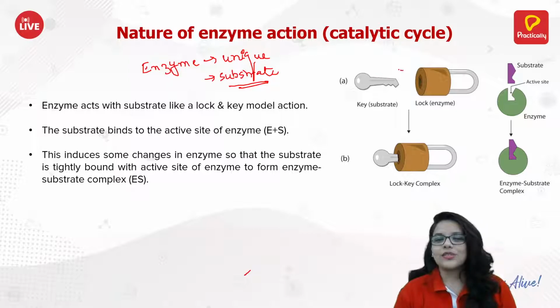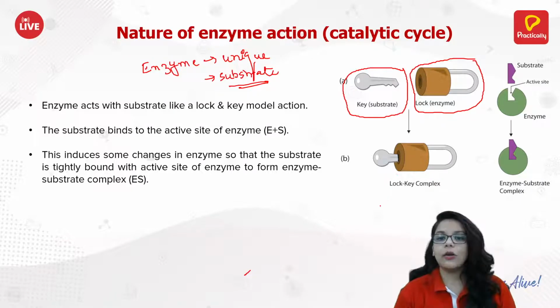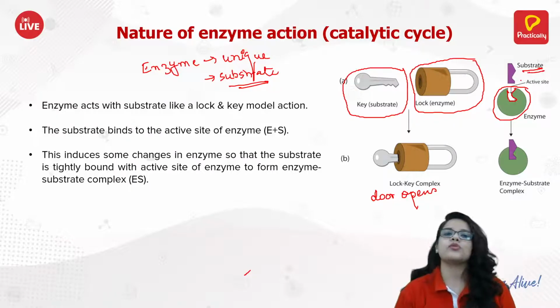See, this is the substrate. Our key is the substrate here, and the lock is the enzyme. Only when the lock and key complex has formed does the door open. Similarly, this is an enzyme. It has a specific active site where the specific substrate will come and join.